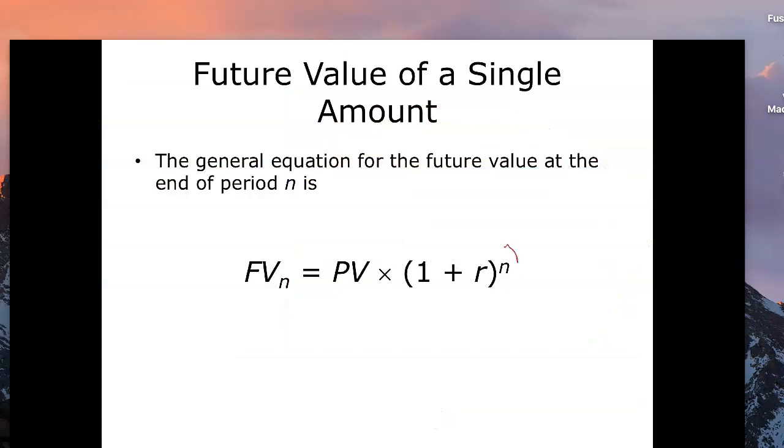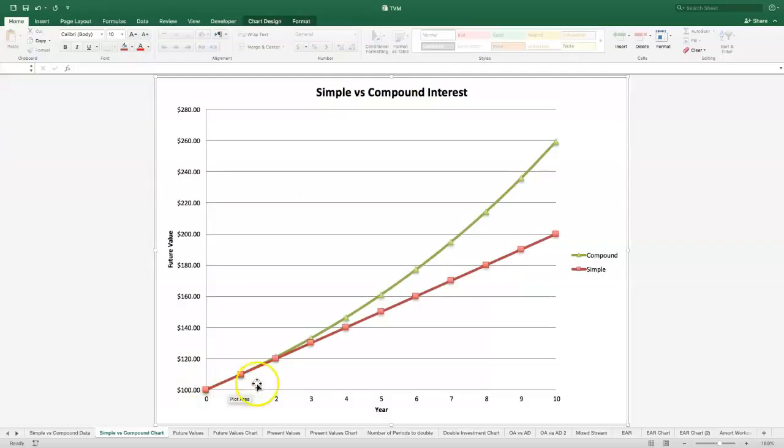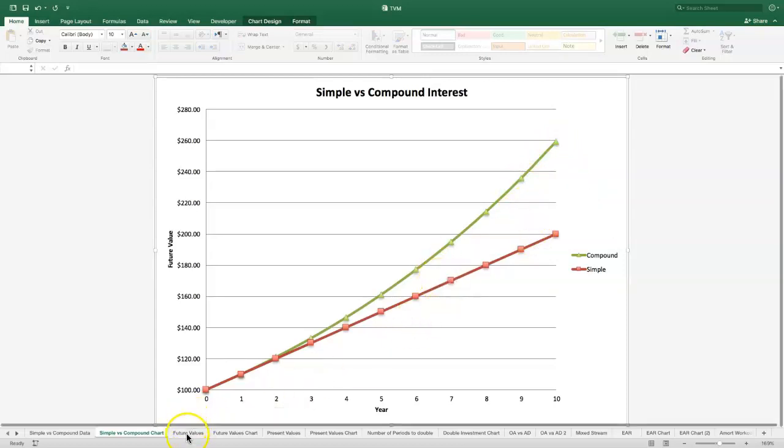Because we have the exponent n, we call compounding an exponential function. Present values grow at an exponential rate. And this has implications for not only n, the number of periods, but also for differences in interest rates. As we saw, this exponential growth function of compounding causes, over time, larger and larger difference between compound interest and simple interest.